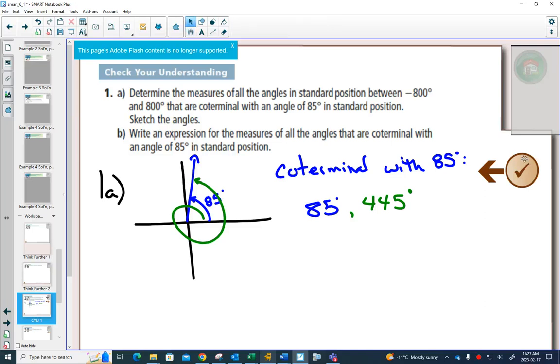But I could also find coterminal angles if instead of adding 360, I spin the other way and subtract 360 degrees. So if I went around this way, I go to my calculator, 85 minus 360 is negative 275 degrees.